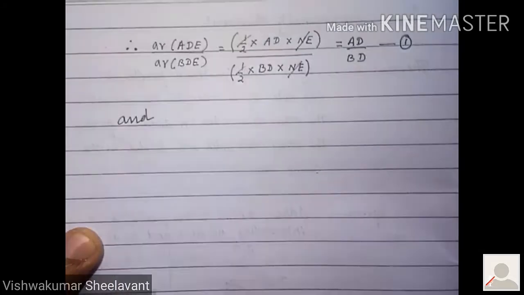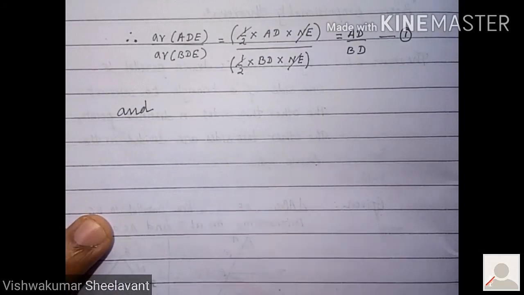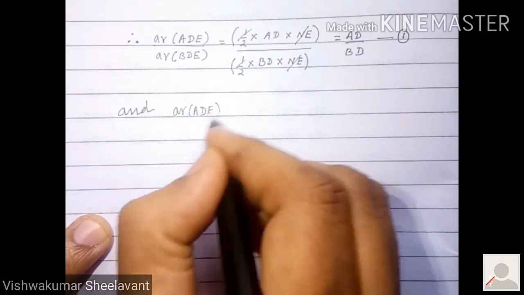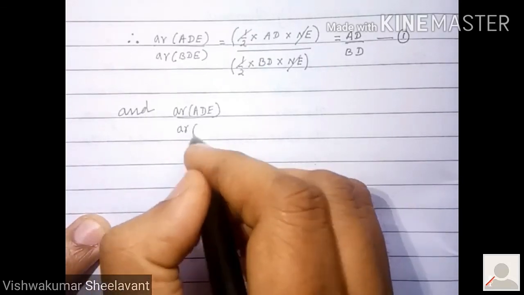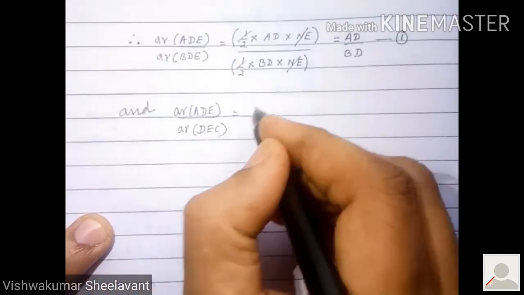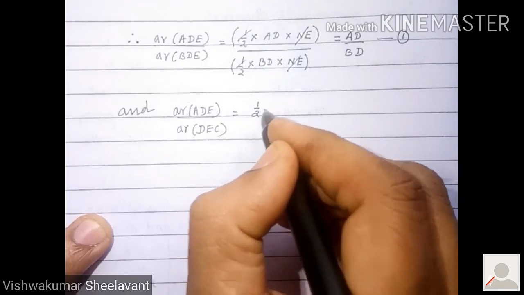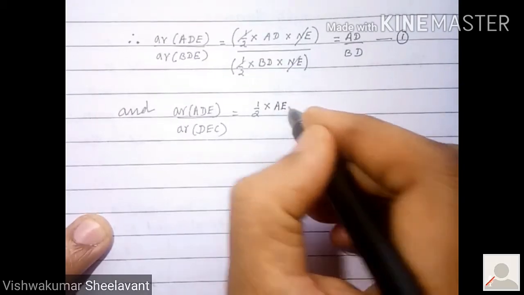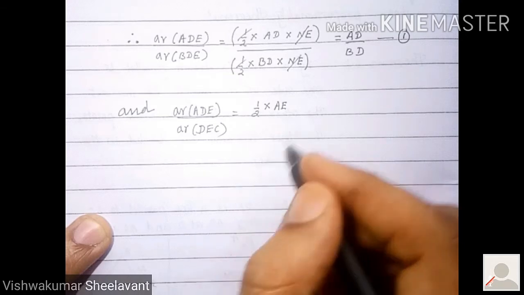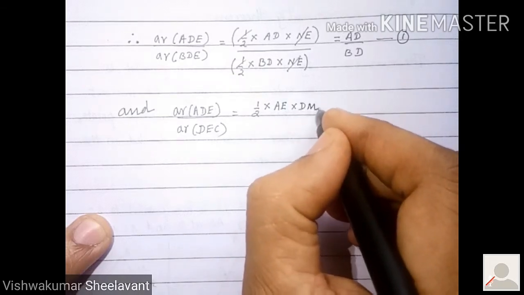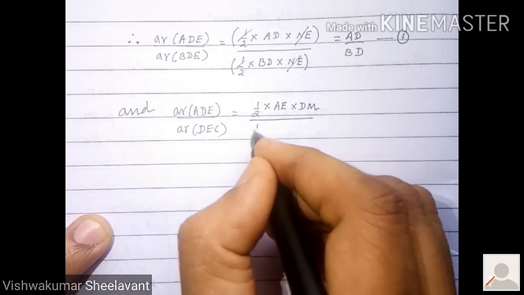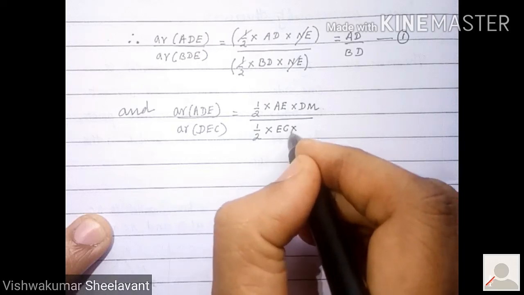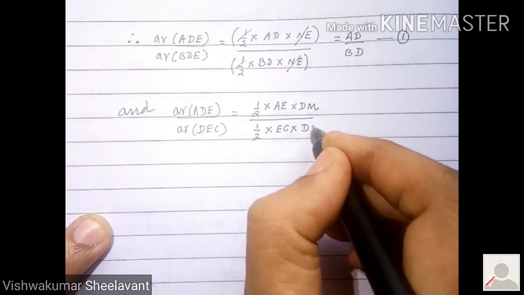And now we'll calculate the ratio of areas of the other two triangles. Area of ADE by area of DEC: half into AE into DM by half into EC into DM.